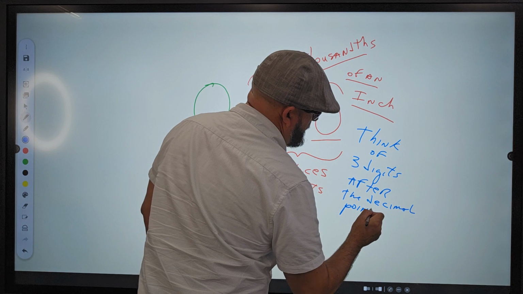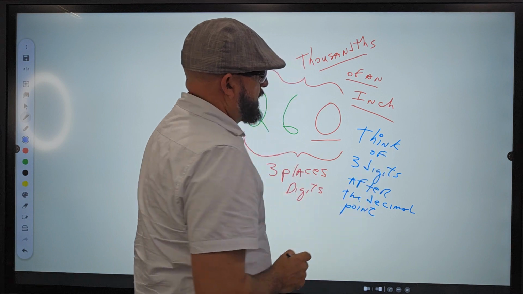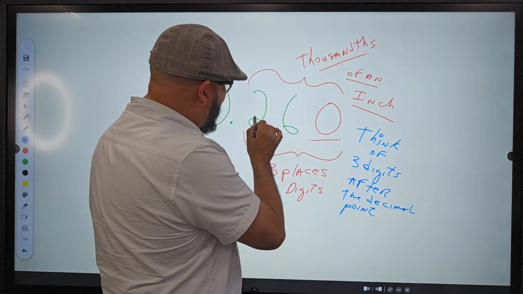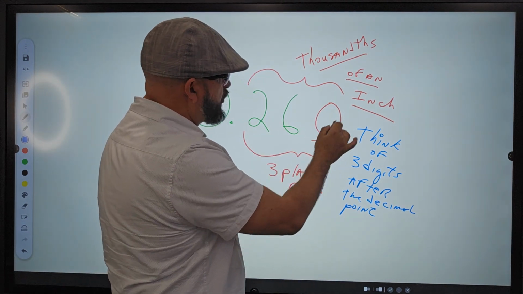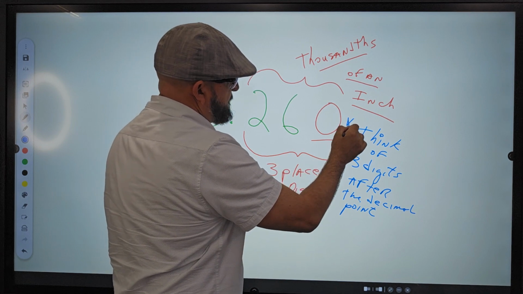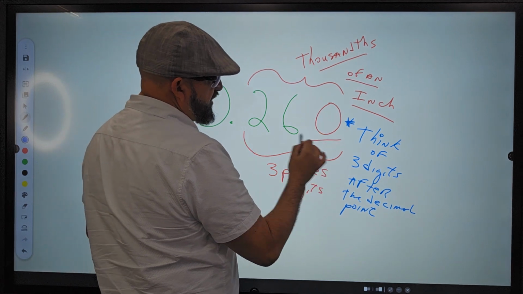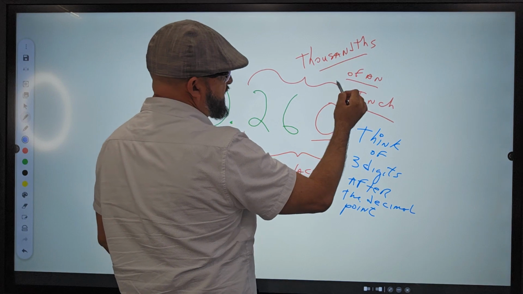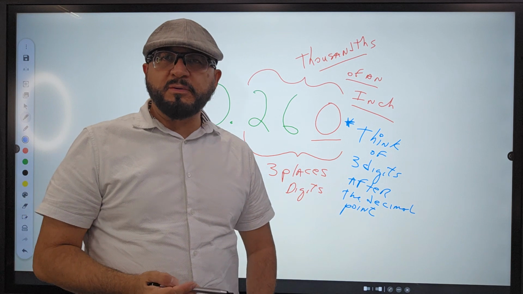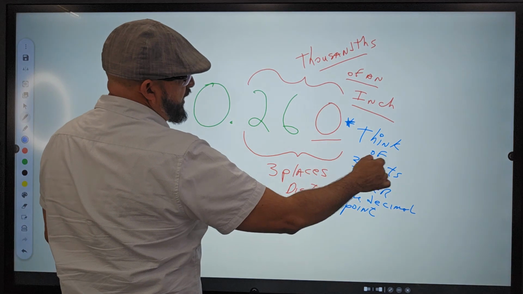It's going to be the rule, or you can think of a tip so you can read these numbers. You always want to have 3 digits here. So if you don't have 3 digits, you add zeros to make 3 digits. That way, the only thing you do is complete the 3 digits if they're not already completed, and then you say thousandths of an inch, and you have read the correct number. Okay? I'm going to go through several examples so that you can understand that. So I'll leave this rule here.